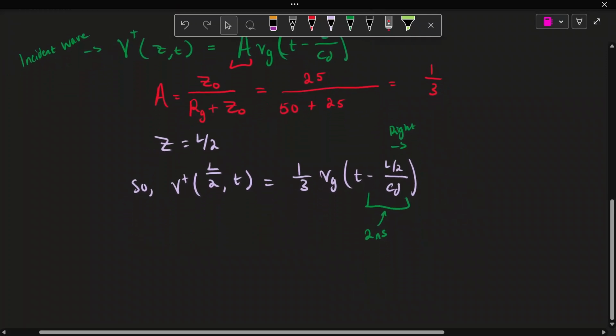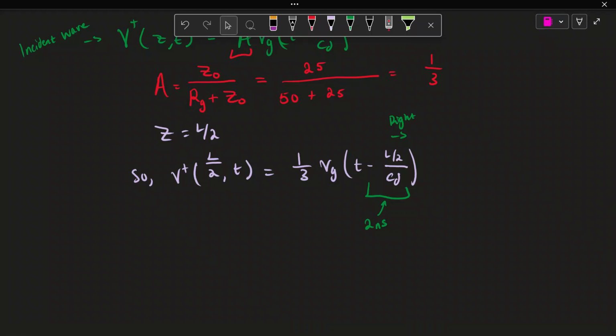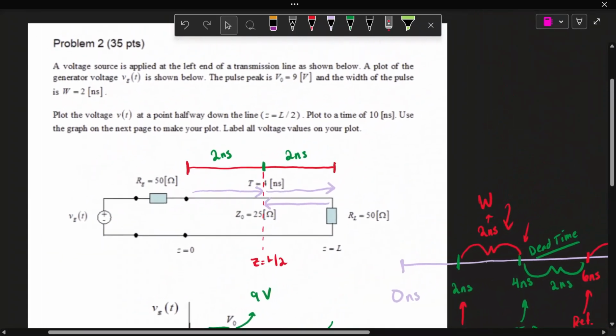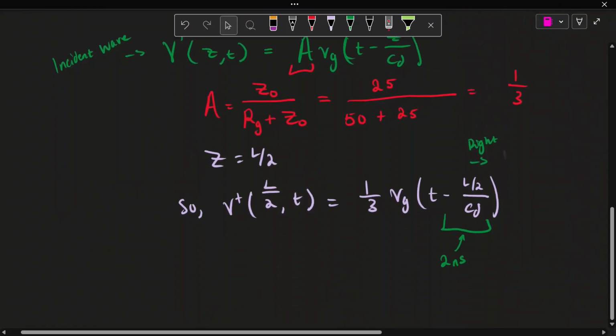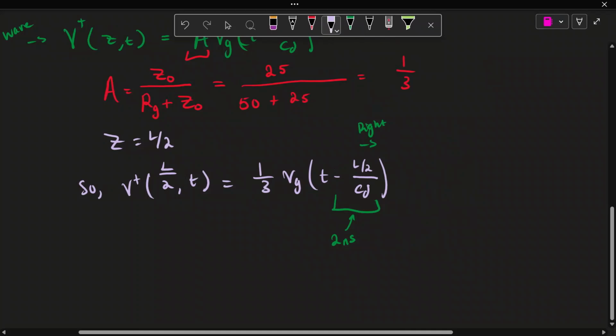All right. And now, another thing you could think about is what is Vg? Vg is going to be the voltage applied at the battery. So Vg of t, in our case, is just a 9-volt peak. So really what we're looking at here is, let Vg equal 9 volts.